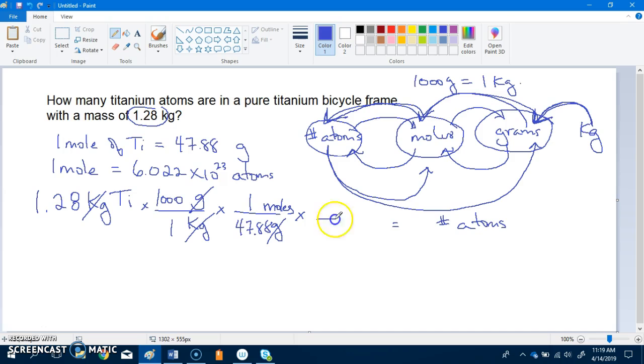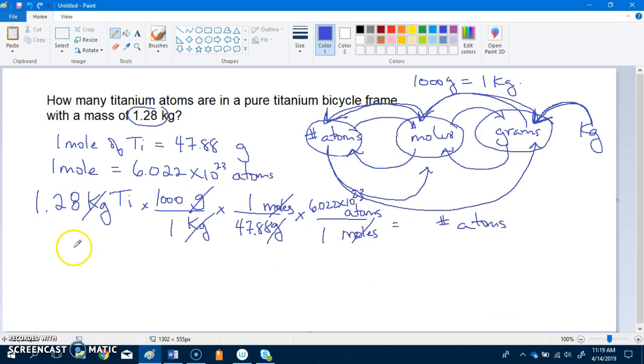I'm trying to convert from moles to atoms, so I'm going to cancel out my moles. I'm going to have my number of atoms up here. So 1 mole is equal to 6.022 times 10 to the 23 atoms. And you can see that I've canceled out all my units, leaving me with my atoms in the end.